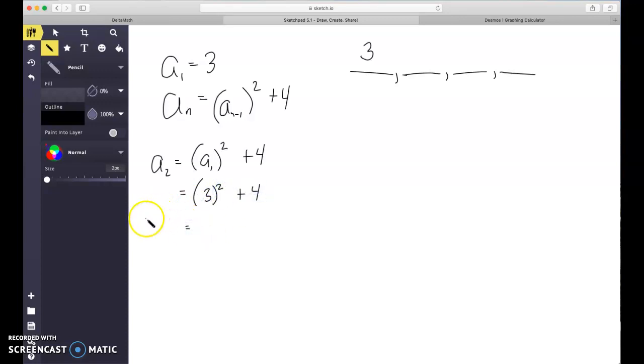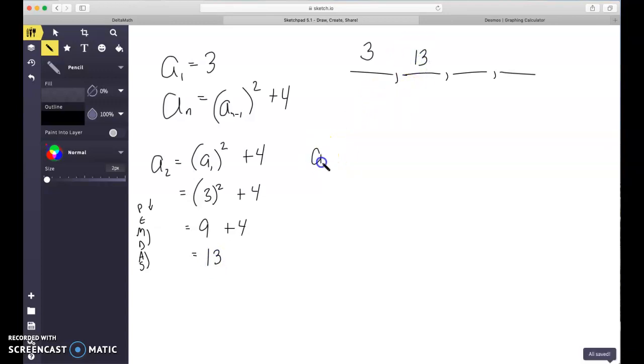Following PEMDAS, right? Order of operations. When we're simplifying, we do PEMDAS in order, right? So 3 squared is 9. 9 plus 4 is 13.